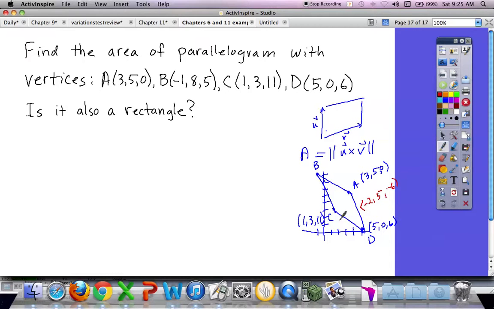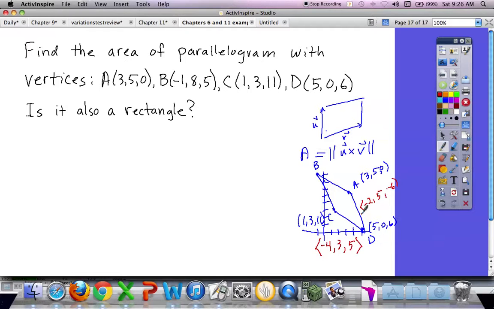On the other side, between these two, it's important you get the terminal point minus the initial point. 1 minus 5, negative 4. 3 minus 0, 3. What is my last point? 11 minus 6, 5. Okay, so these are my adjacent vectors that now I can take a cross product.